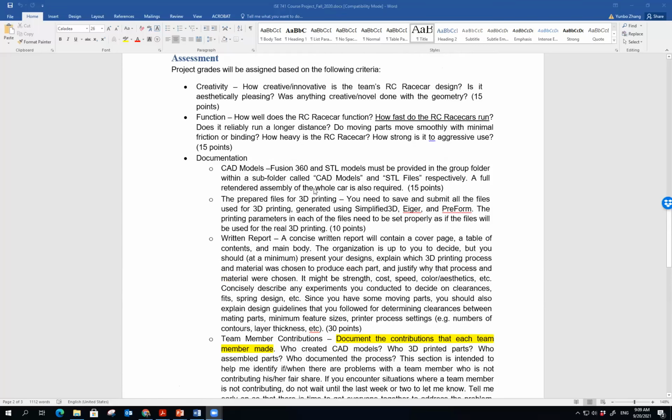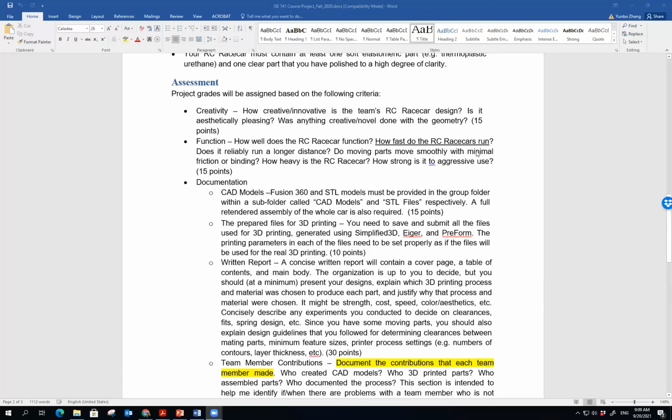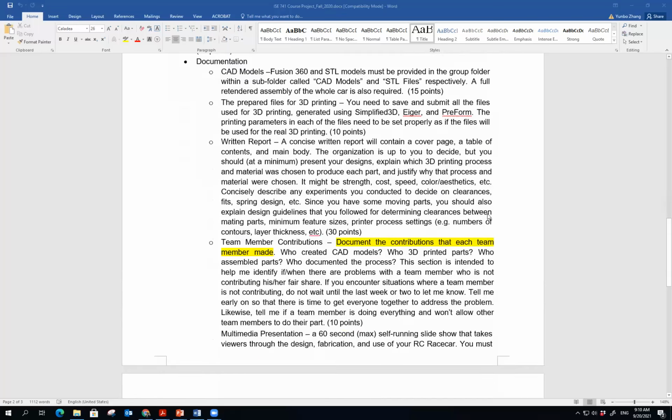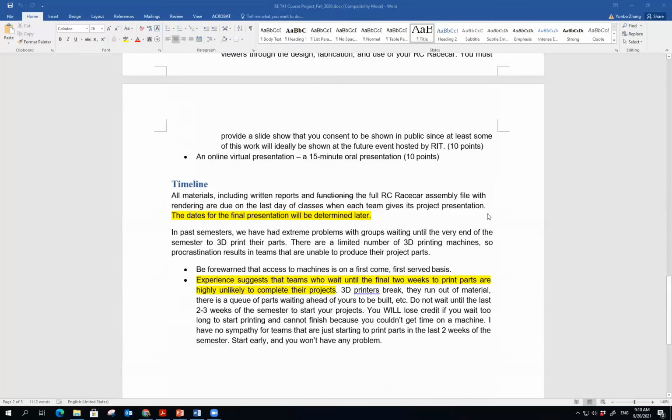Of course, there will be a session to try out the car you fabricated and see how long a distance the car can run, how fast, how smooth, and the stability, and so forth. These are the criteria for this project.